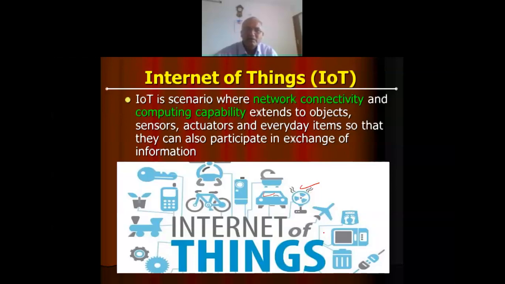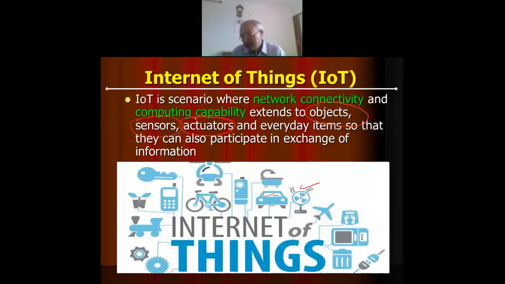So internet connectivity will be extended to all these objects, and all the sensors and actuators like servo motor, stepper motor, and all that. We are providing connectivity to all the objects, everyday items, so they can also participate in the exchange of information. That is the basic idea of Internet of Things.